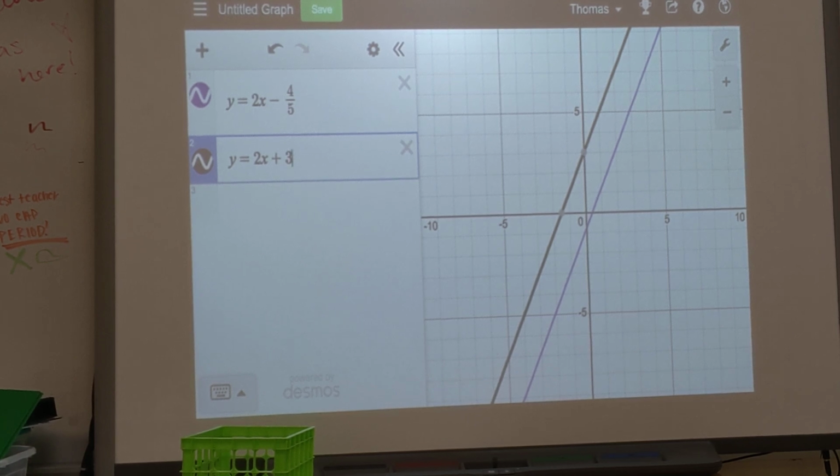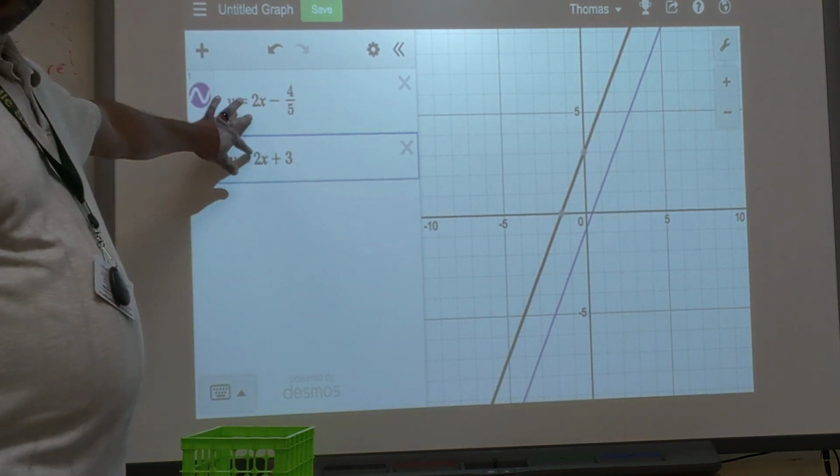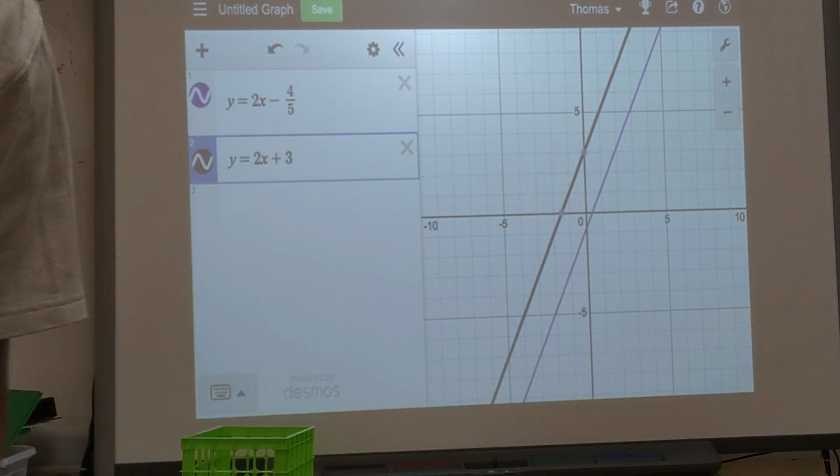So hopefully you remember that is a no solution. There is no solution to this system of equations. Additionally, you'll notice that both of them have the same slope of 2. So if you remember, lines with the same slope are parallel lines, and parallel lines never intersect.